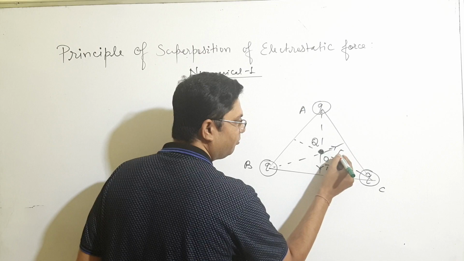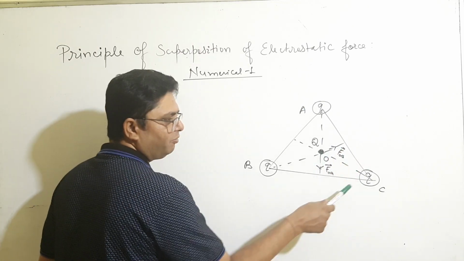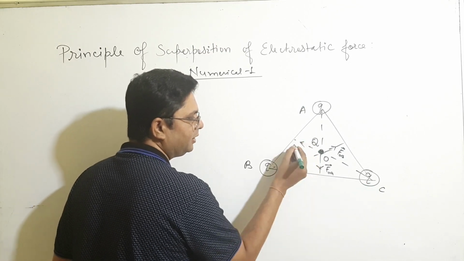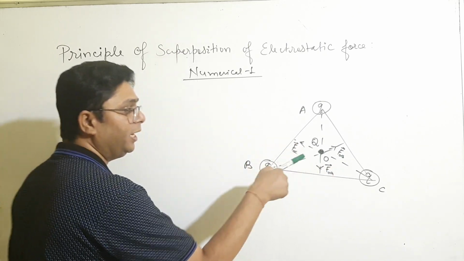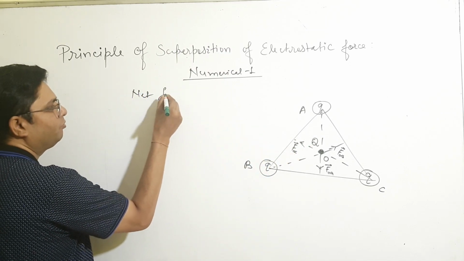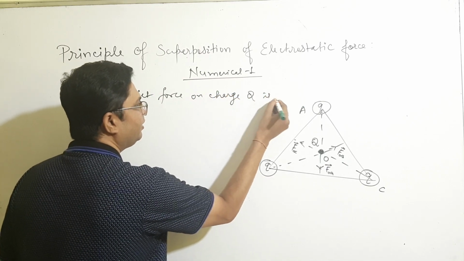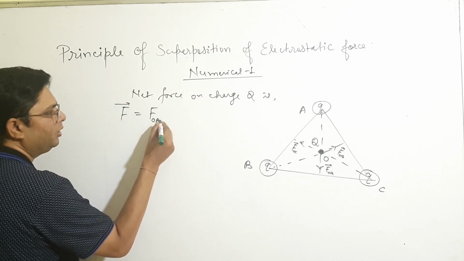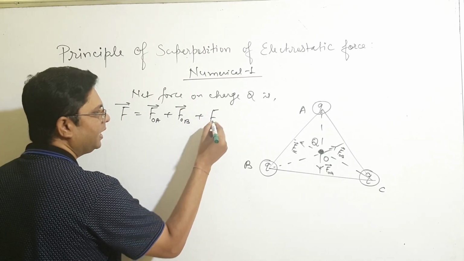This is the force on O due to B. In the same way, when the charge at C is q, the force is in this direction. This is the force on O due to C. So the net force on charge capital Q is F, and F is equal to F_O due to A plus F_O due to B plus F_O due to C.